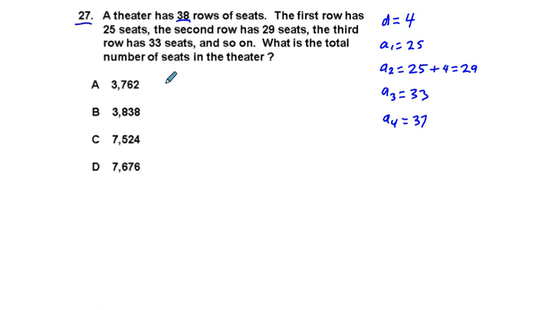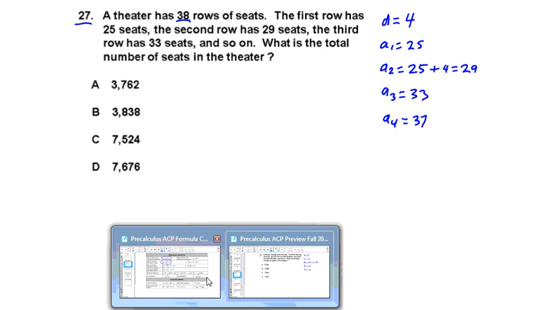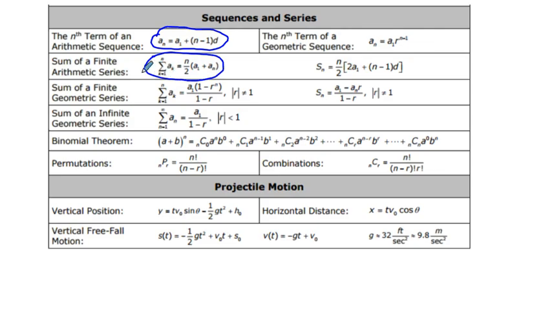Now, another thing you can do is use our formulas, and the ACP formula chart here has circled below that sum of a finite arithmetic series, this is a partial series.